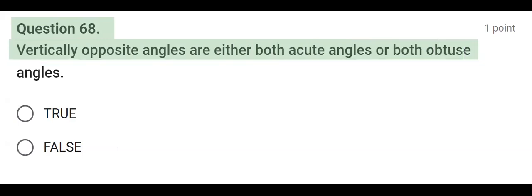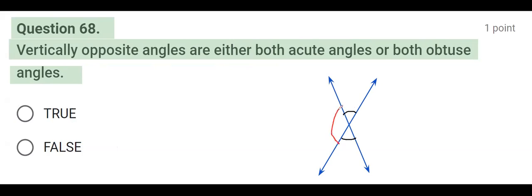In question number 68, it says vertically opposite angles are either both acute angles or both obtuse angles. So let's make a pair of vertically opposite angles. As you can see here, this is one pair of vertically opposite angles, and this is the other pair.